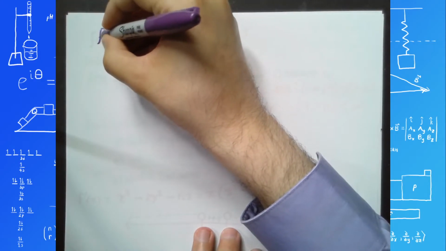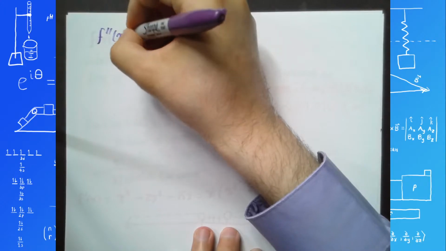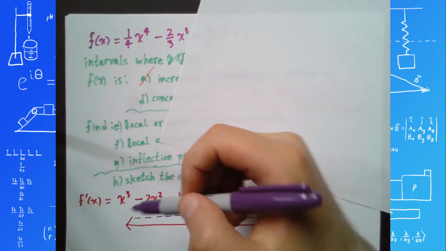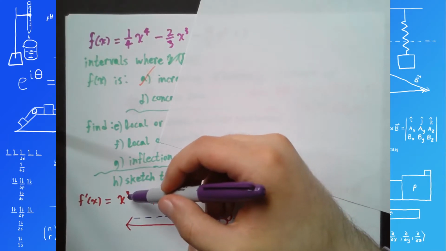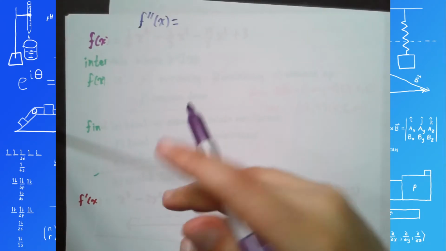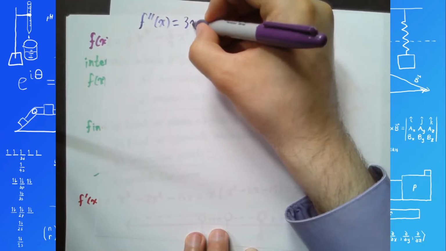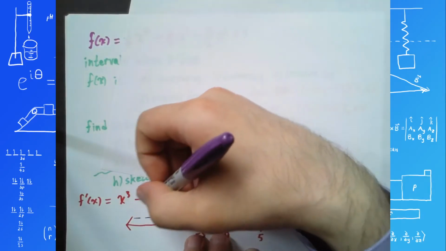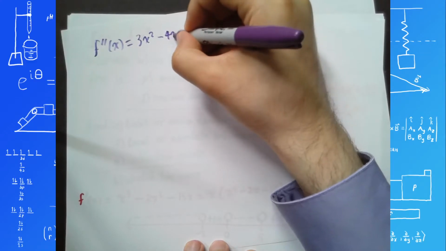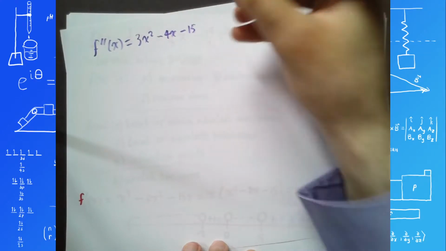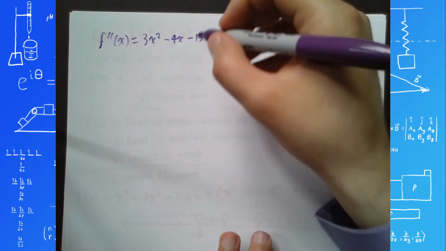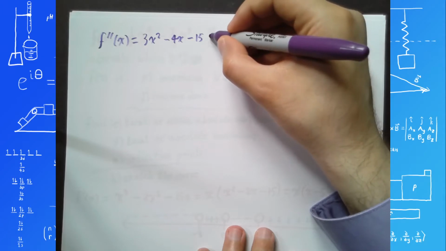So f double prime of x is equal to, well, if f prime of x is anything to go by, then we've got 3x squared minus 4x minus 15. Which might be factorable. Well, we'll see.